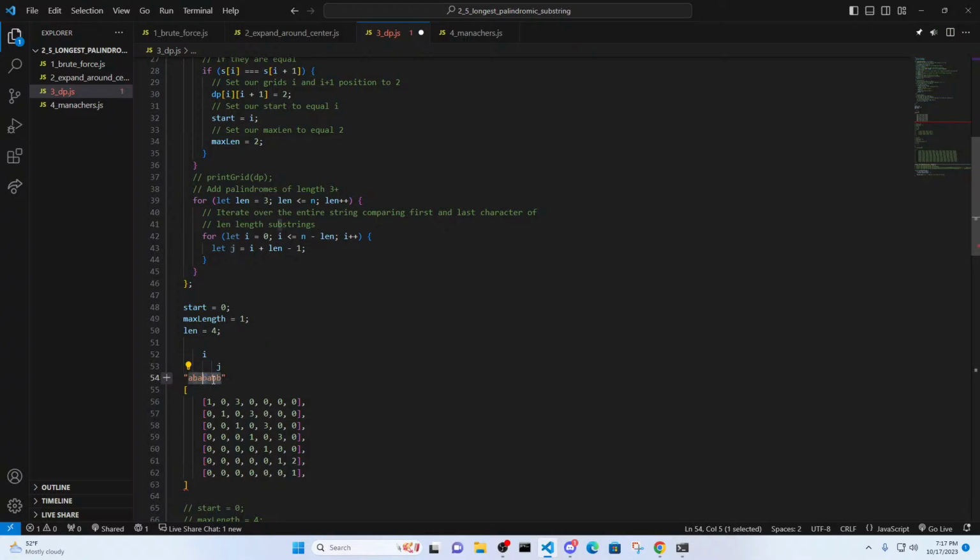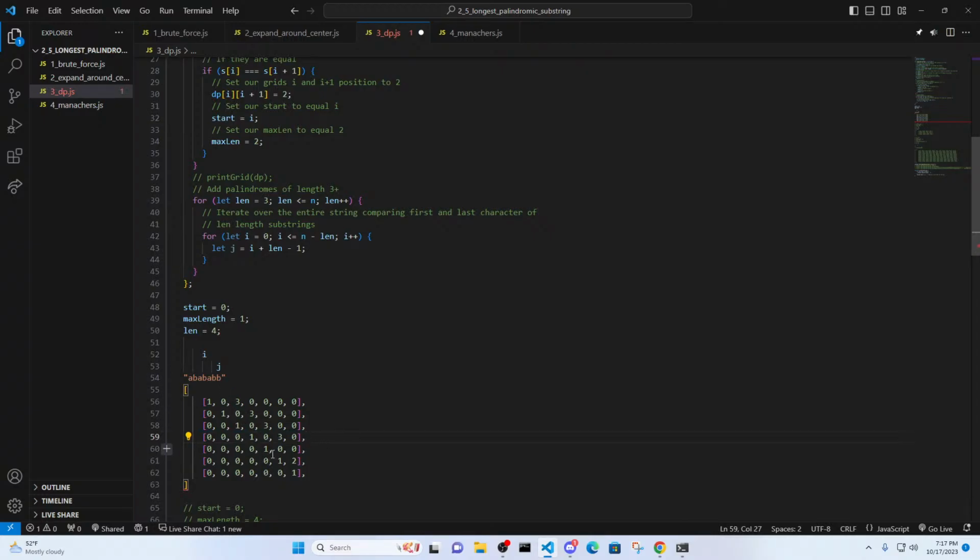Then we have matching B and B. So what we do is we check i. So i is on 3, so 0, 1, 2, 3. j is on 6, so we check 6 minus 1, 0, 1, 2, 3, 4, 5, 6.